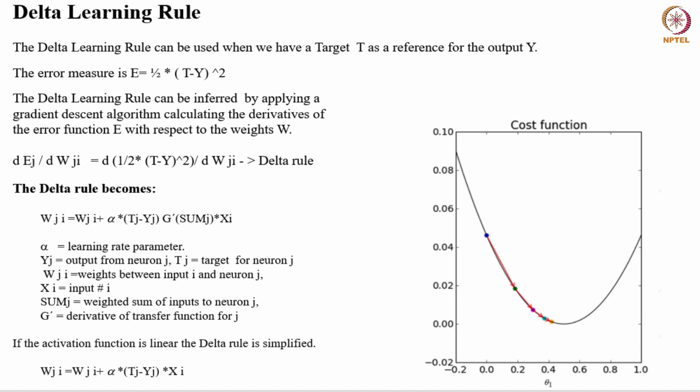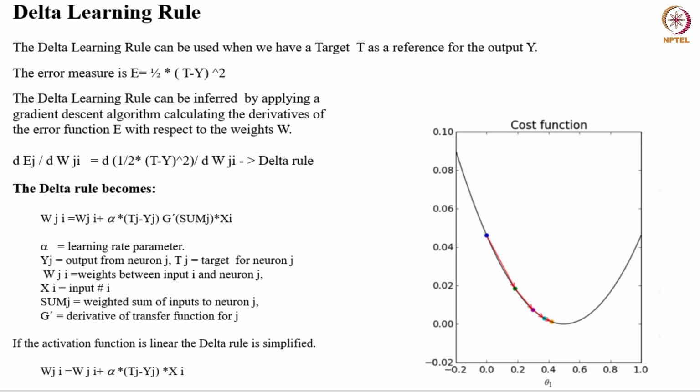It shouldn't be so that the input value in itself affects the updating. So by including the input value, you normalize the effect among the different inputs.